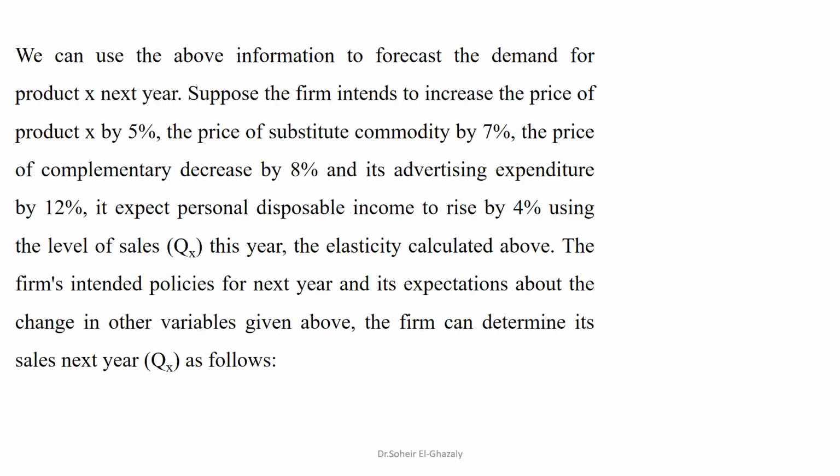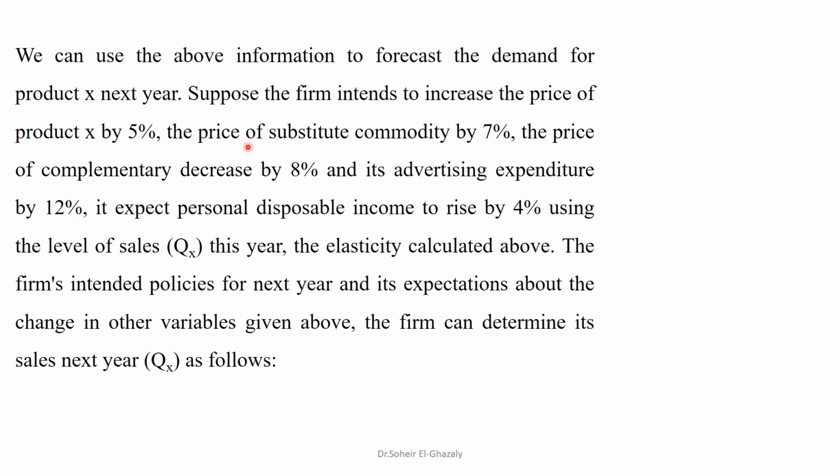Why am I giving you this? To teach you how to make a decision. You make a decision by calculating all of this, the alternatives, and deciding to predict what will happen next year.